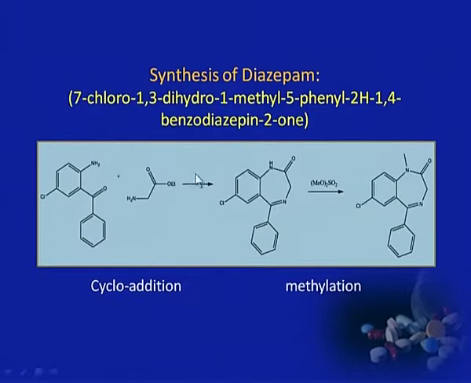This is the scheme of synthesis of diazepam. In the first step, cycloaddition takes place, and in the second step, methylation takes place, and we get diazepam as the final product.